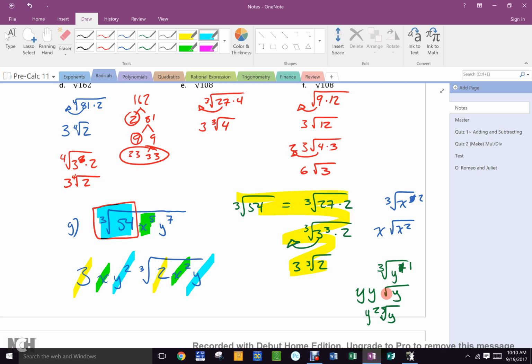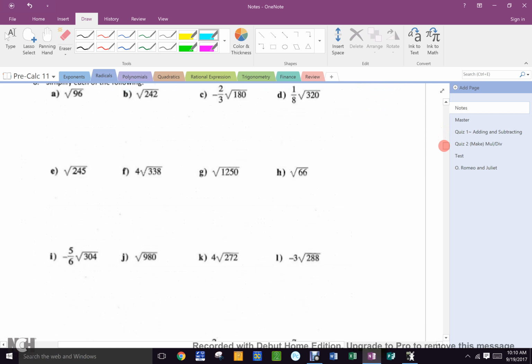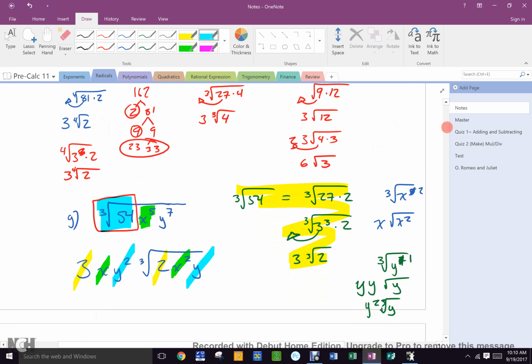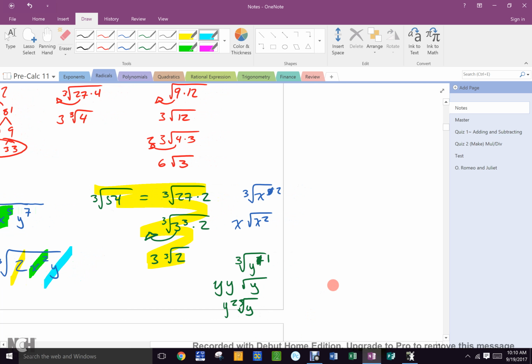Would you like to practice one more of those before I go further? All right, let's do one more. If you feel comfortable with radicals, go ahead and do page 31, 32. Stop at 33. If you feel you'd like one more practice, actually, I'll leave that on the screen so you can see it.